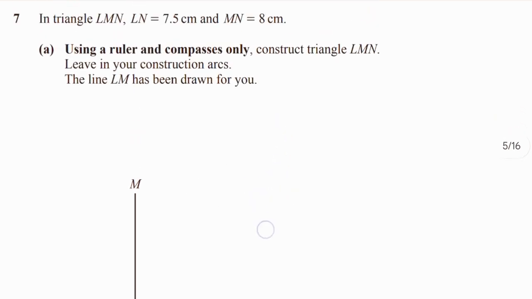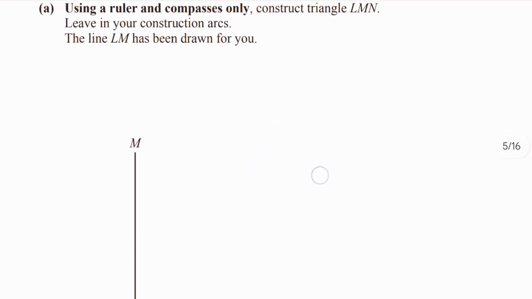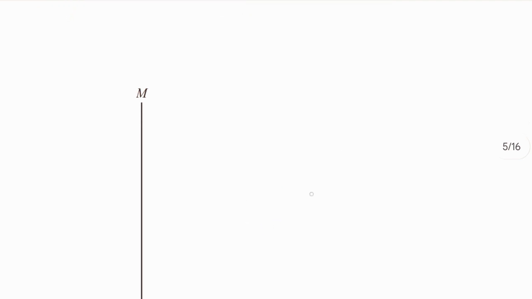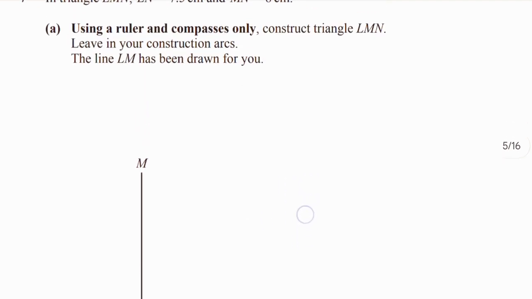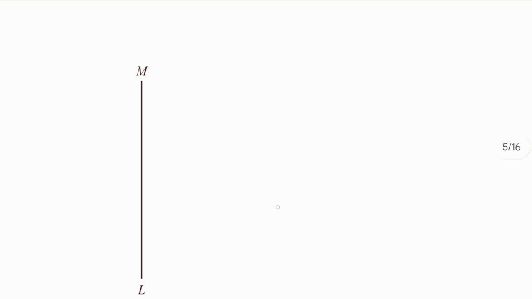I cannot do this without using the ruler, so I just give you some hints. Take your ruler and make an arc somewhere here, and the second arc here of the length given, and join these two and you get the answer.